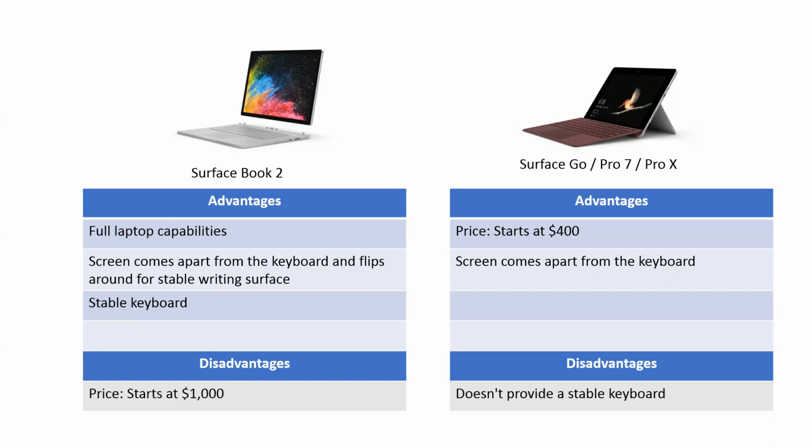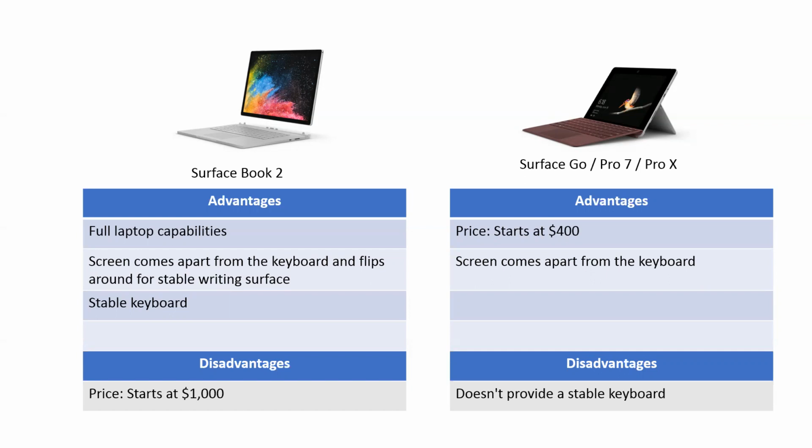The cheapest version of that is the Surface Go. That starts at $400, and then they get a little more expensive as you get into more memory and processing speed. The nice thing about this is it does allow you to detach the keyboard from the tablet, so you can lay the tablet down and write on it on your desk very nicely.